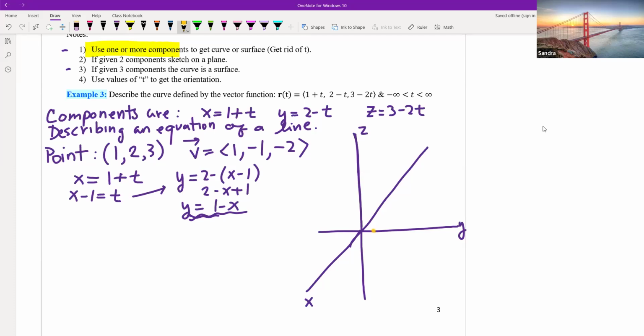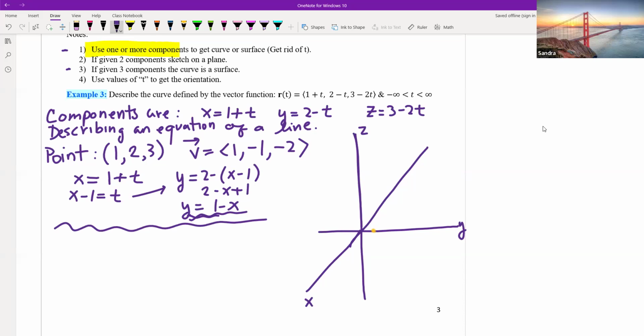And then if x is 1, y will be 0. So you can generate a few points if you want to. However, for this particular problem, I did not do it that way, because I probably forgot to do it that way, but this will be one way.